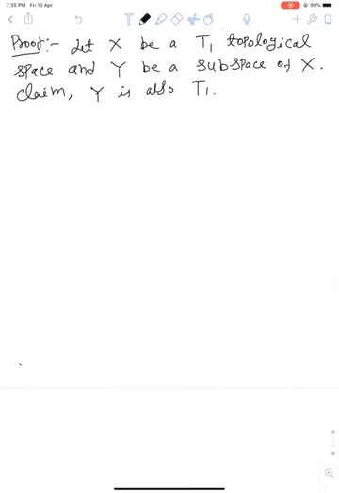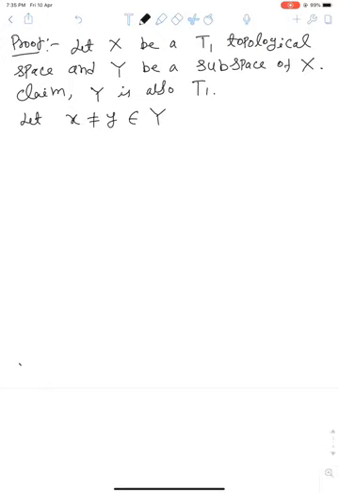So for that we take two arbitrary elements from Y, two different elements, obviously. So let x not equal to y in Y, that is the space Y.